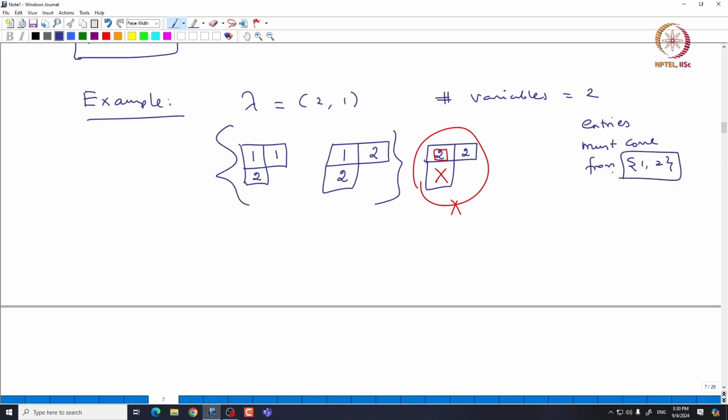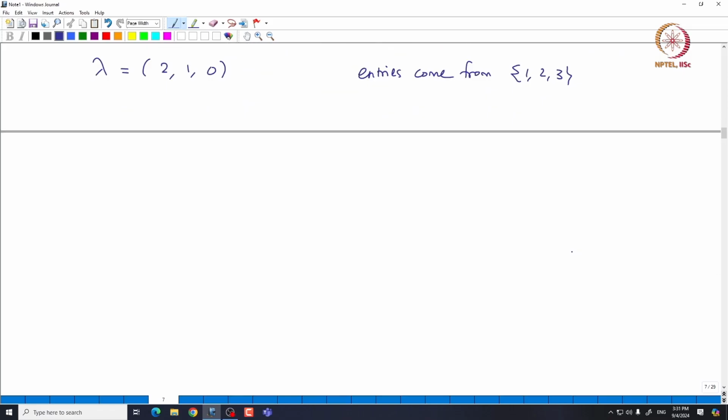So, the number of entries, 1, 2, gives lots of restriction on the number of semi-standard Young tableaux. In case you view this as the partition 2, 1, 0, then the number of variables must be 3. So, then entries come from this set 1, 2, 3. Then you can easily see that there will be more choices for us in order to fill these boxes.